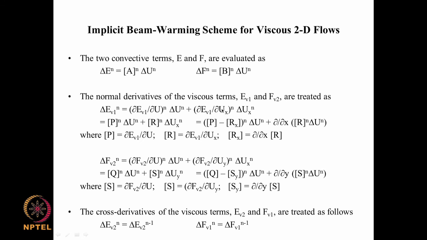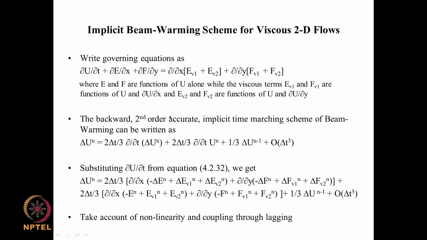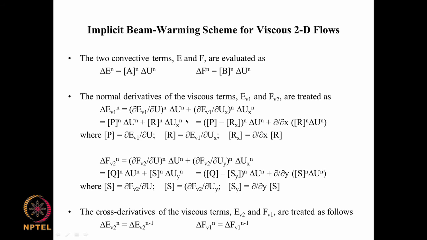So, we are taking care of the idea that EV1 is a function of u and dou u by dou x, so those two things are coming here. This is now written as Pn and delta un, and this is written as Rn and delta ux, and we can do further manipulations to get to this particular form.